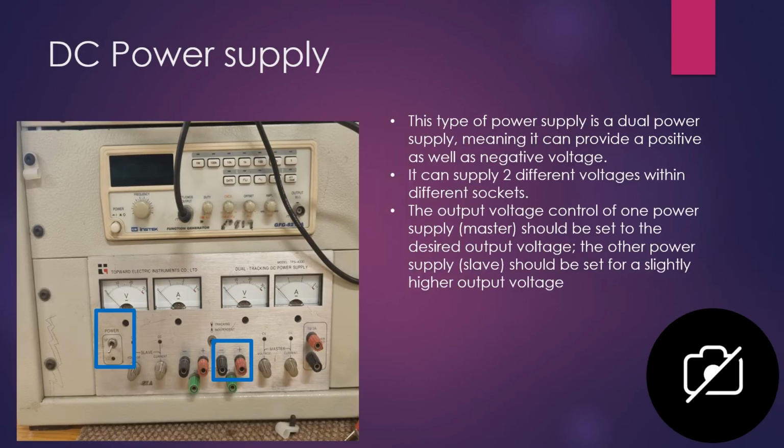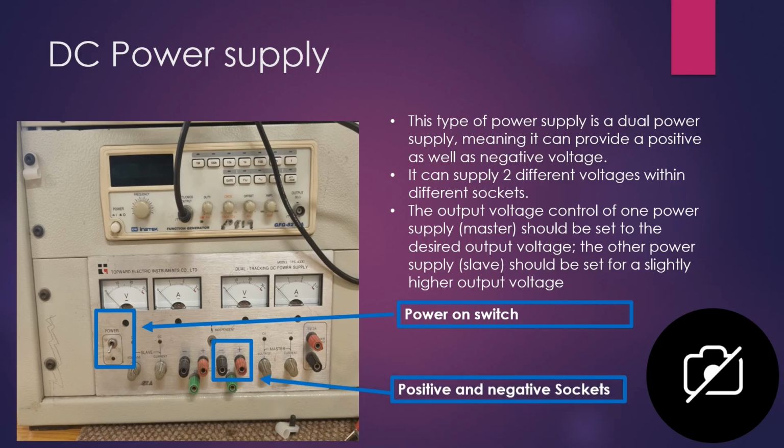On the DC power supply, we have a power on switch, where you can switch on the power supply by pulling the toggle up, and switch it off by pulling the toggle down.